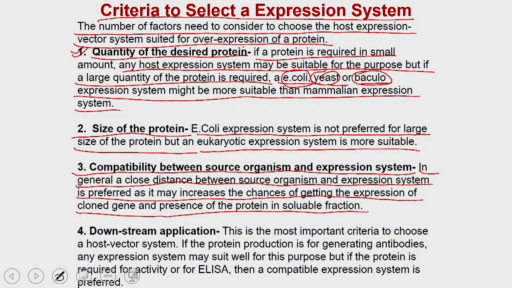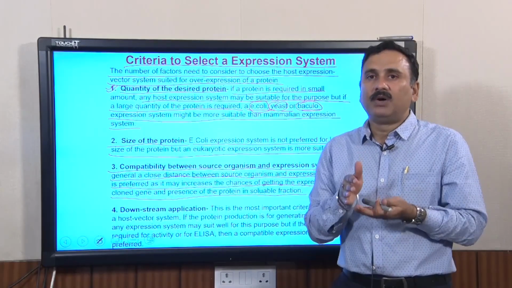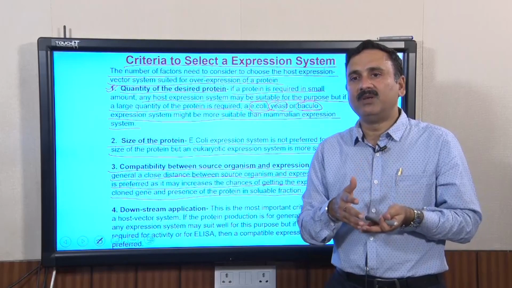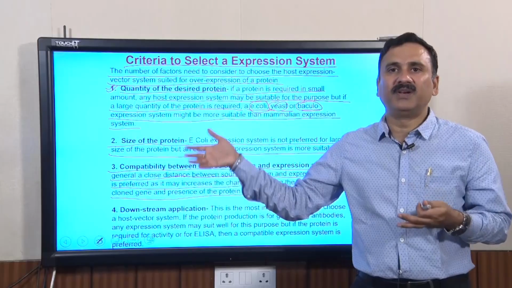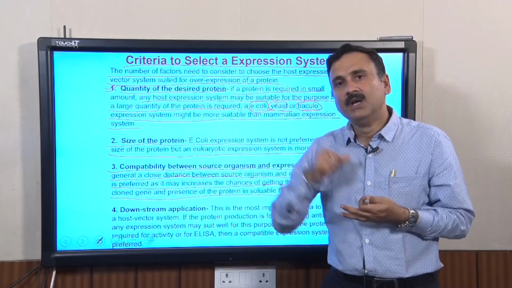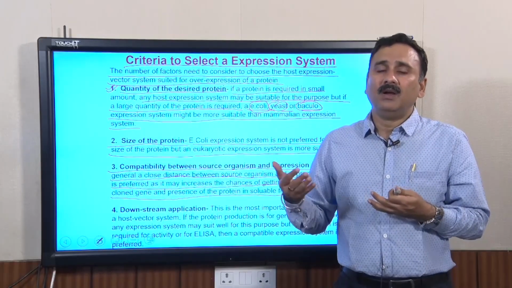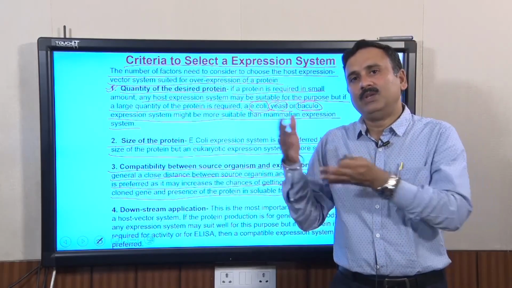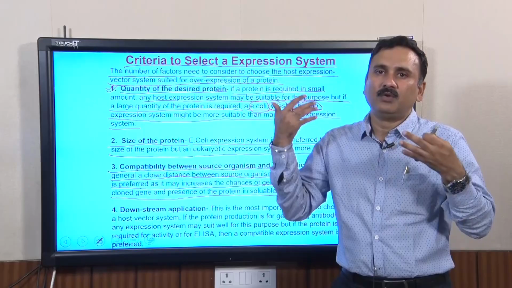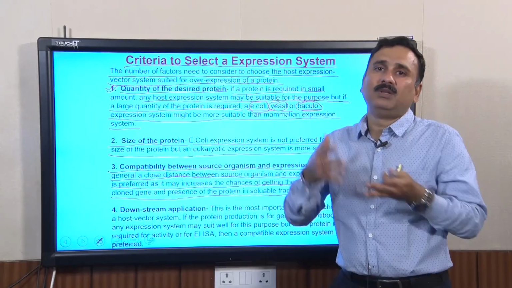So, if you are trying to overexpress a protein from bacteria, then you can use E. coli, because the E. coli expression system is very close to the bacterial expression system. Or suppose you want to overexpress a protein from Streptococcus pneumoniae or Mycobacterium tuberculosis, and Mycobacterium tuberculosis is very close to E. coli. So, you can use the gene from Mycobacterium to produce the protein in E. coli.